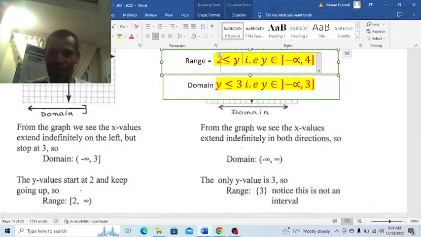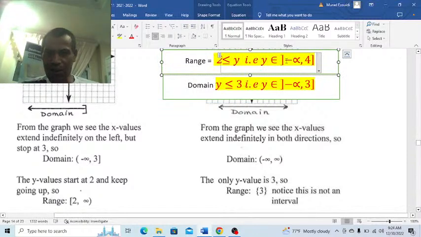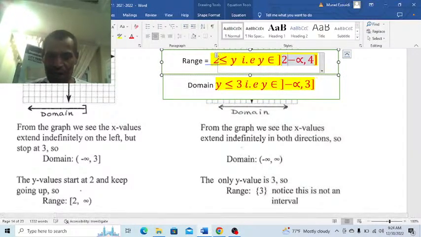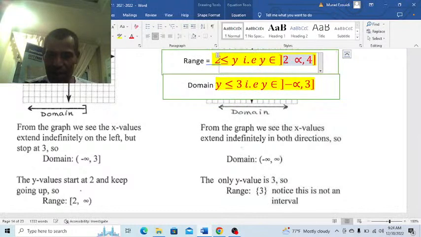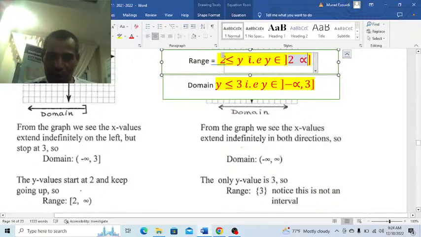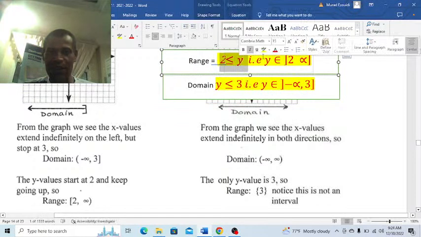This means that y belongs to 2 and going up means to infinity, 2 to plus infinity, as you like. So if you wrote your answer as an inequality, it is correct. If you wrote it like that, it's also correct.